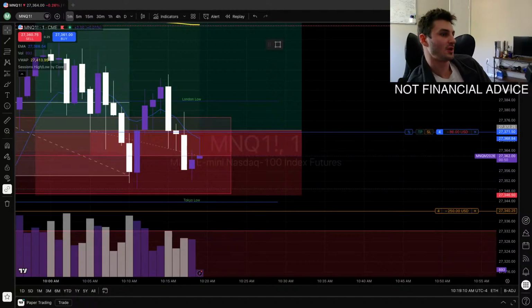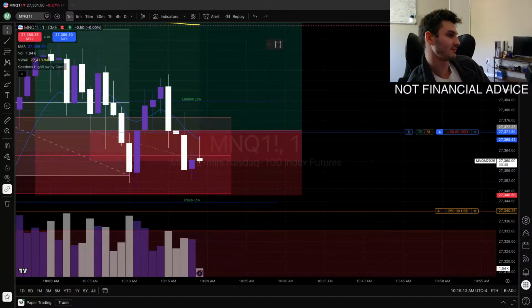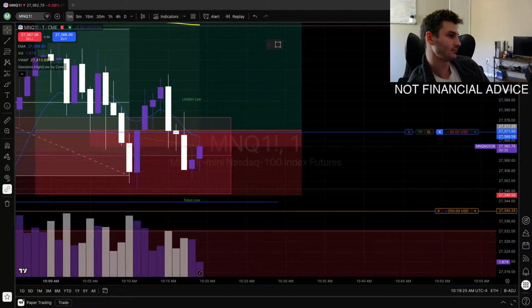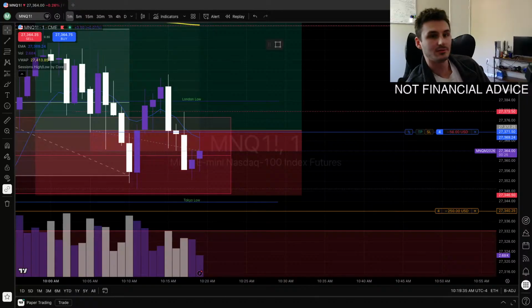We're doing a lower time frame bearish downtrend. We could have a chance if this thing breaks this high, but it seems improbable.